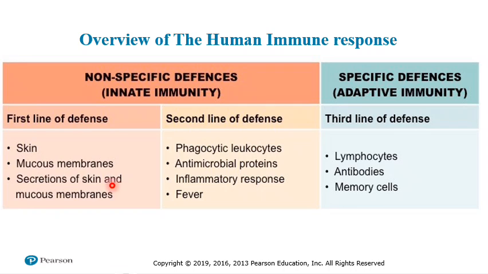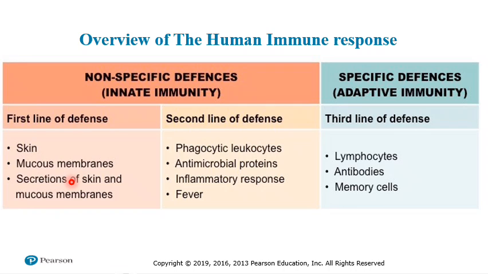So it's not only physically the skin and the mucous membrane covers, but the substances that are being secreted are also actually helping us. And then the second line of defense would be referring to those parts of our body that would be right there and acting as a barrier if the first line has been breached.